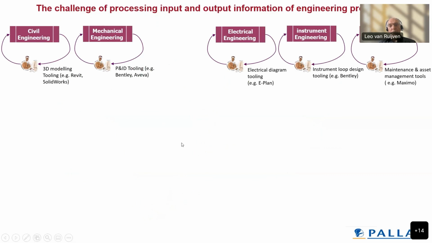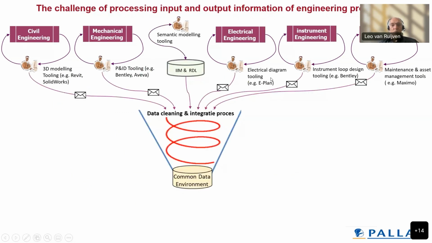The problem we have to solve, which is more organizational, is that we have various disciplines like civil, mechanical, electrical, and instrument using their own tools like Revit, SolidWorks, P&ID tooling from Bentley, Aveva, whatever. All those tools use their own ontology, their own model, and their own terminology, which is not harmonized.